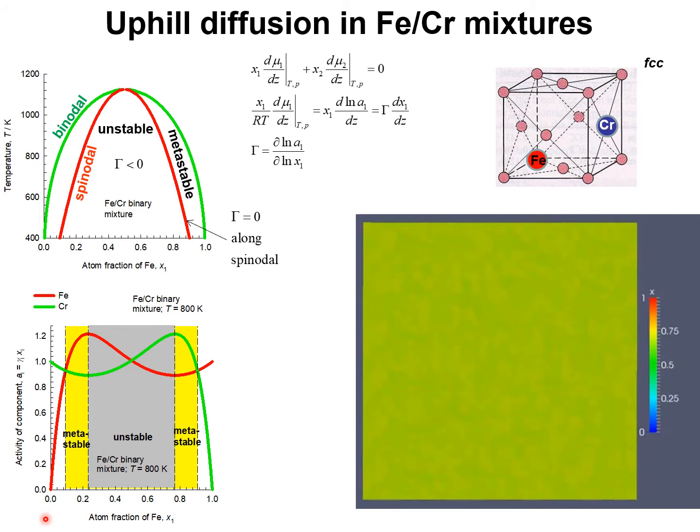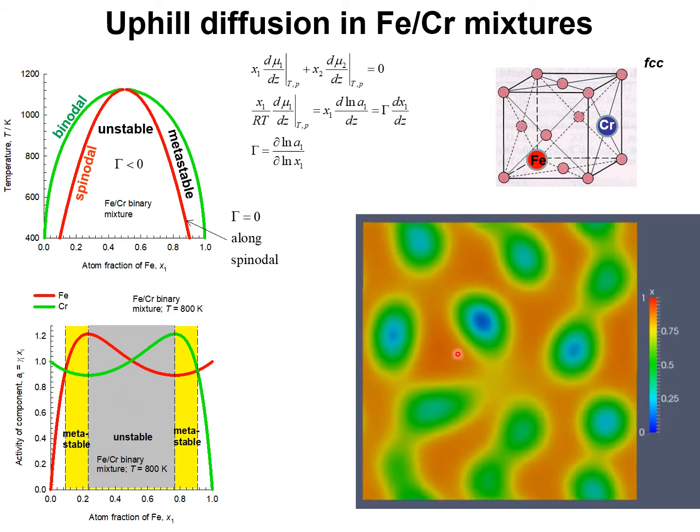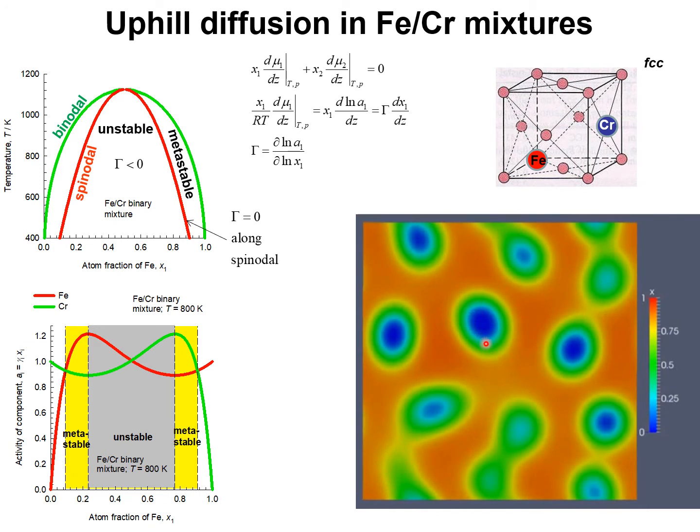Let us illustrate that by taking a 50-50 mixture and subjecting it to a perturbation. And we see in the simulation that segregation occurs with islands of chromium atoms surrounded by a matrix which is rich in iron.